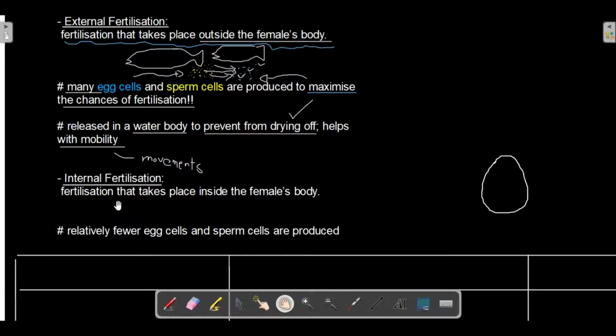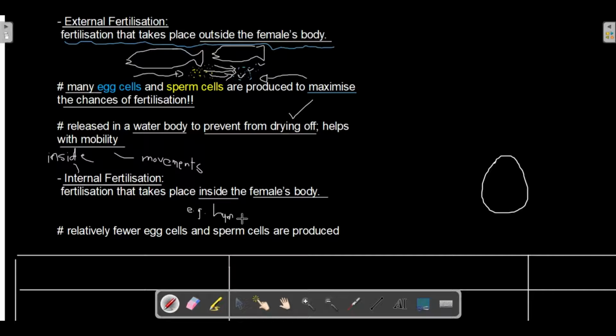And then internal fertilization, as the word suggests, internal, inside. This is the type of fertilization that takes place inside the female's body. We are the perfect example of this.